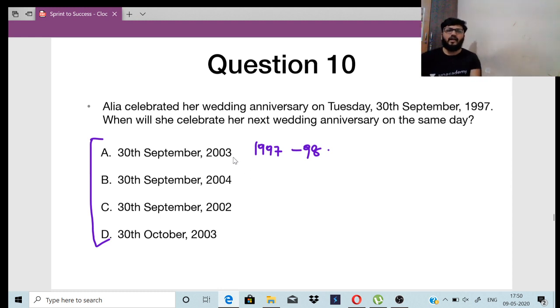Okay, yes, it is option A, 30th September 2003, right? 30th September 2003 will be the correct answer.